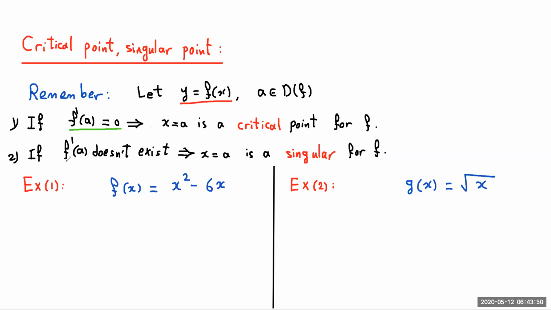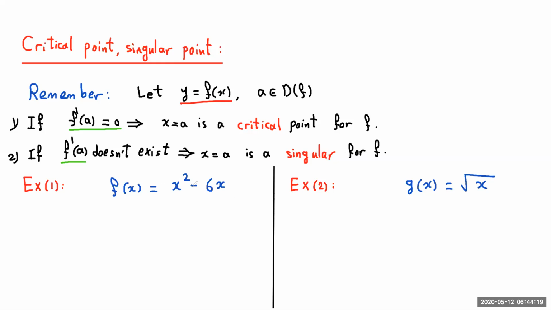And if the derivative of the function at this point doesn't exist, so this means the derivative at the point is infinity, maybe, and maybe it's not a number and not infinity. This is the meaning of doesn't exist. If the derivative doesn't exist, so the point A is called a singular point for the function f.